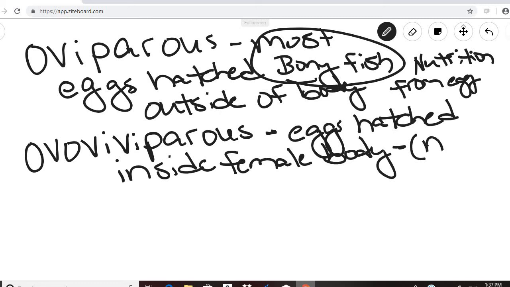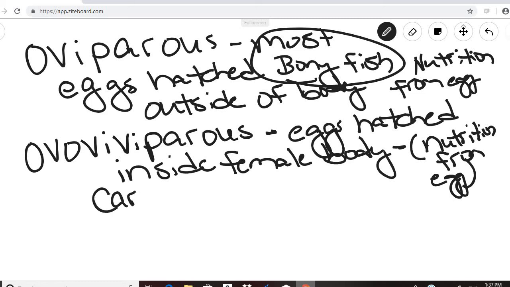In the case of ovoviviparous, the egg hatches inside the female's body, then the young leave her body. The type of fish that do this are the cartilage fish.